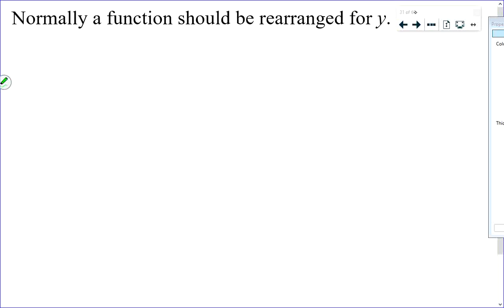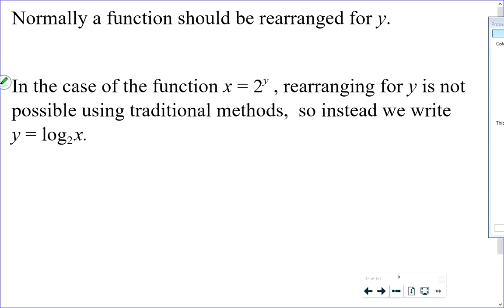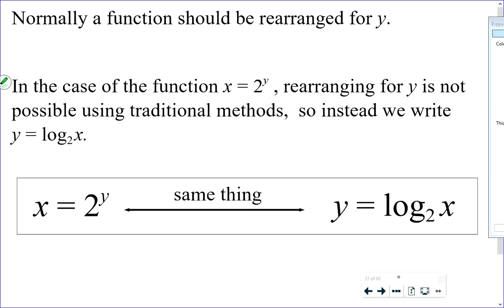And it turns out that when you rearrange this for y, you write that. These are not inverses of each other. This x equals 2 to the y is the inverse of y equals 2 to the x.